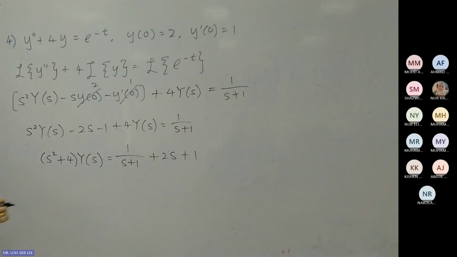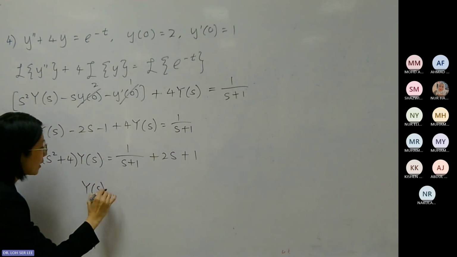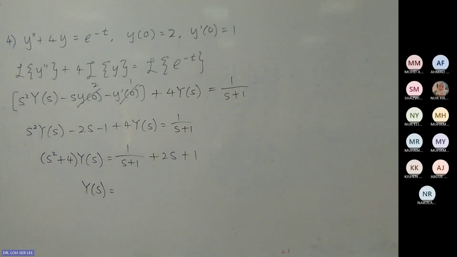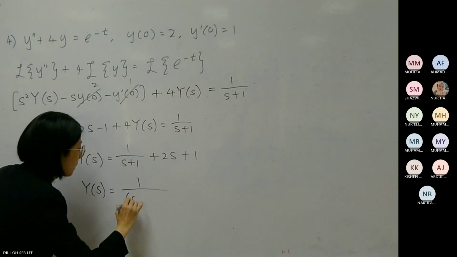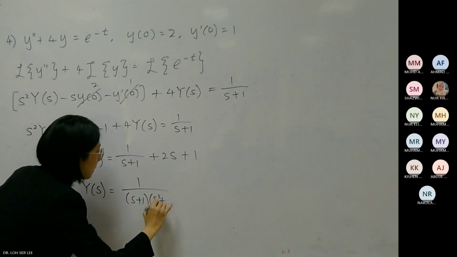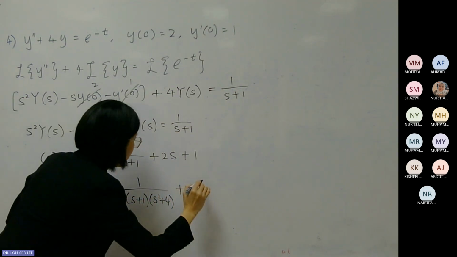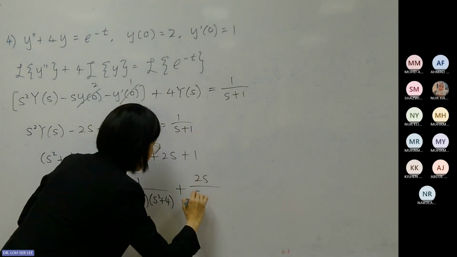And what we want is y in x. Y in x meaning that all three terms are divided by s squared plus 4. Okay, all of them, divided by s squared plus 4.